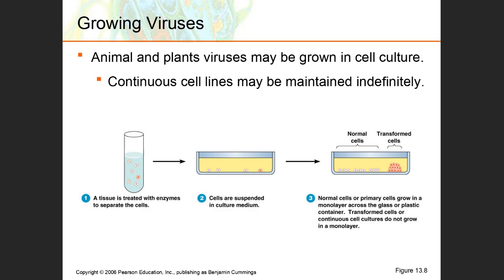And so when it comes to animal tissue, when you grow those tissues in culture, the cells spread out and form a monolayer, a single layer of cells. And that's because animal cells have signals that tell them to stop dividing. One of those signals is contact inhibition, or density-dependent inhibition.